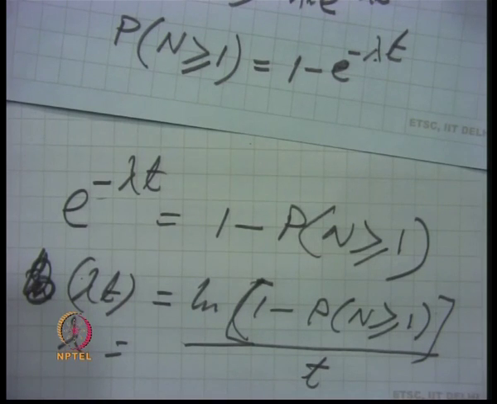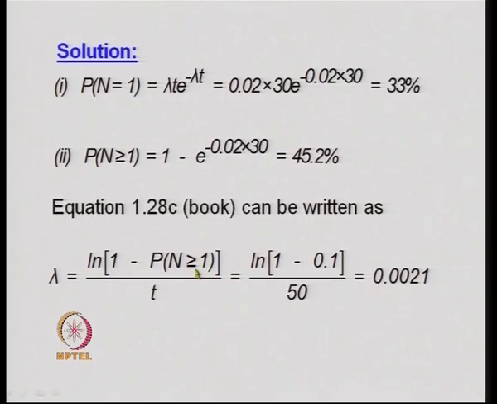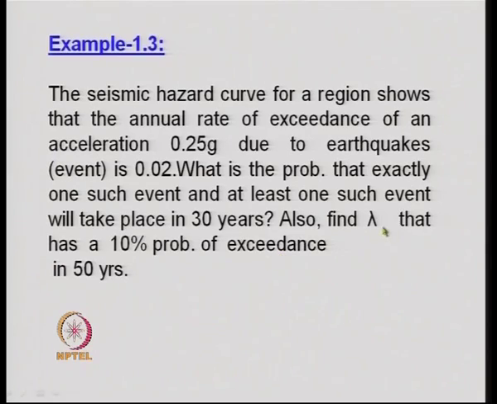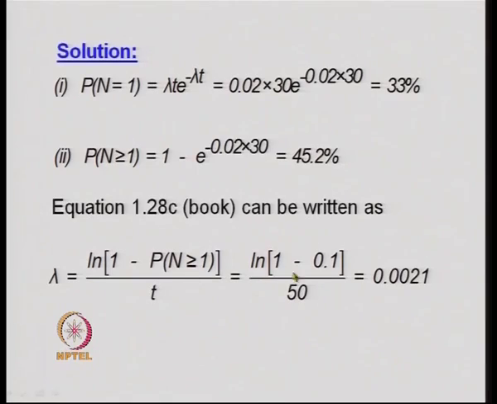The accident occurrence rate lambda will be equal to ln of 1 minus P(N greater than or equal to 1) divided by t, and this is given as 0.1, that is, find lambda that has a probability of exceedance of 10%. So, 10% is 0.1 and the time is 50 years, and the lambda is calculated as 0.0021.